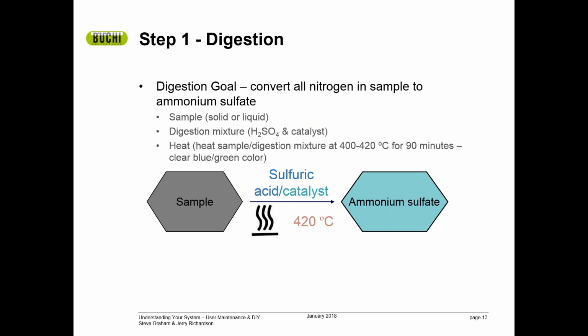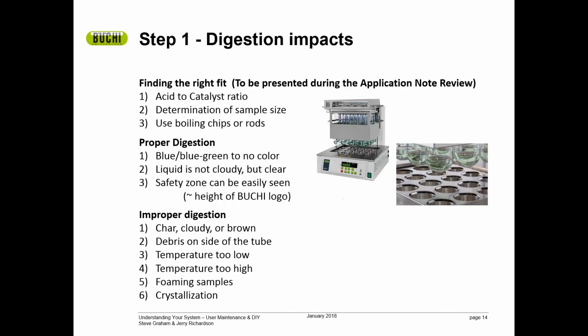The goal of digestion is to convert all of the nitrogen in the sample into ammonium sulfate. Now, if you're doing ammoniacal nitrogen only, you don't do digestion. However, there are big digestion impacts. When you run a digester, it is important to get good acid contact, good heat contact, and to have the right catalyst in your system to break down all those proteins into ammoniacal nitrogen.